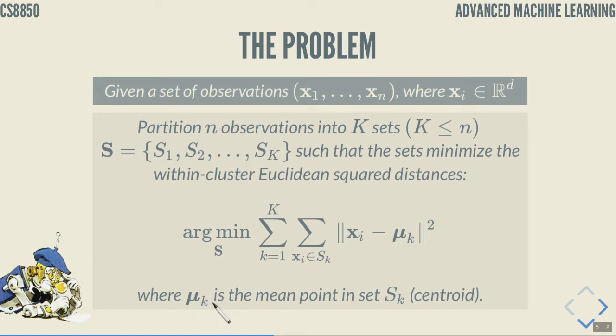So take the mean point, which in the k-means algorithm is usually called the centroid, take all of the points assigned to this cluster, compute within cluster distances, and the average or the total sum of those distances across the clusters should be minimal.